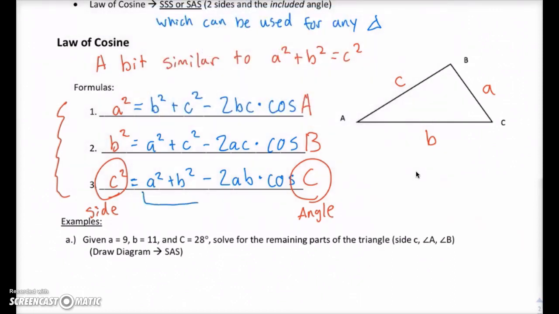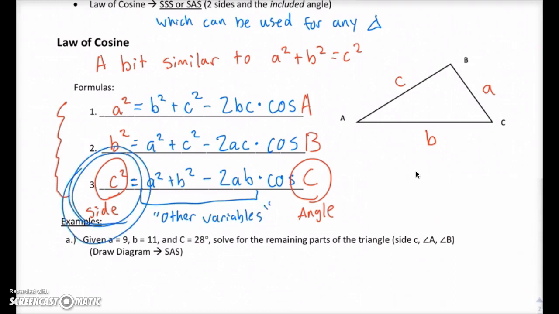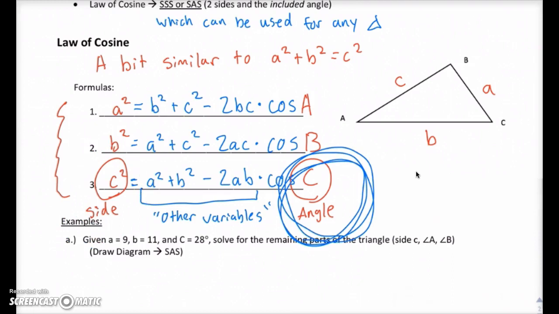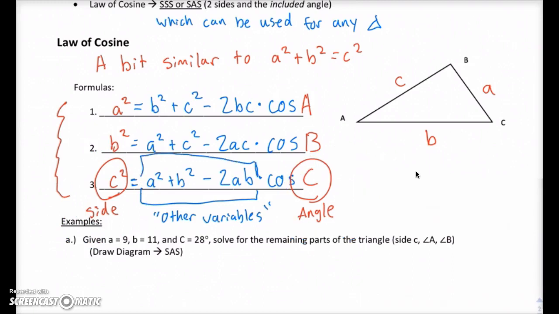And all of the variables in the middle, we just call them the other variables. As you can see, there's no c included. So whichever variable you choose to solve for, let's say I'm choosing to solve for side c, then we know we're going to be plugging in angle C, and everything else in the middle will be the other variables.